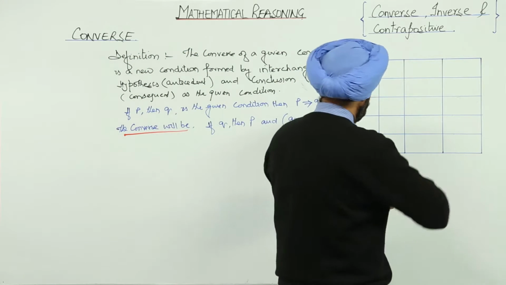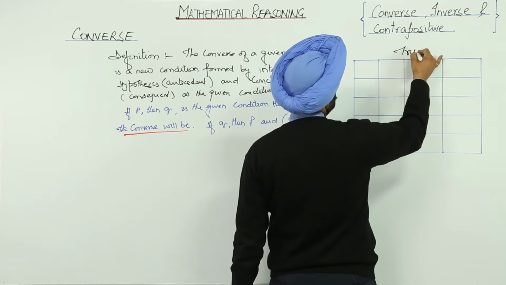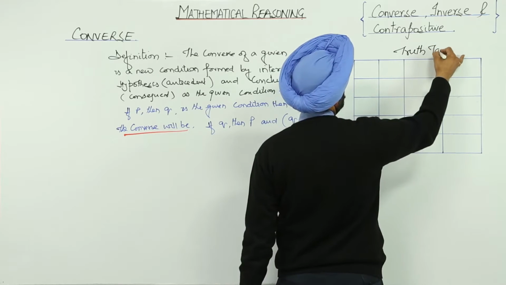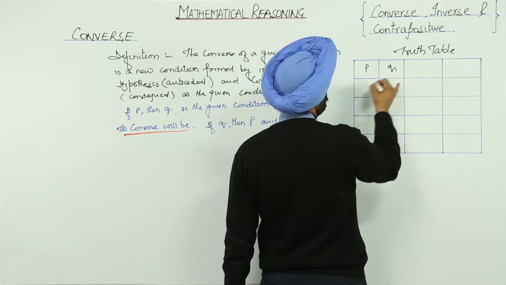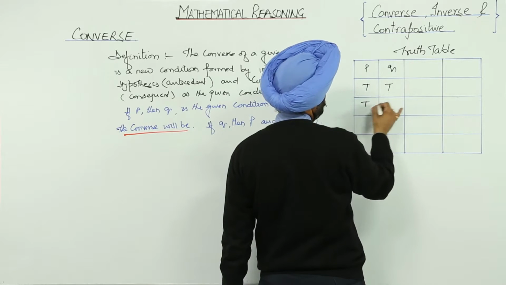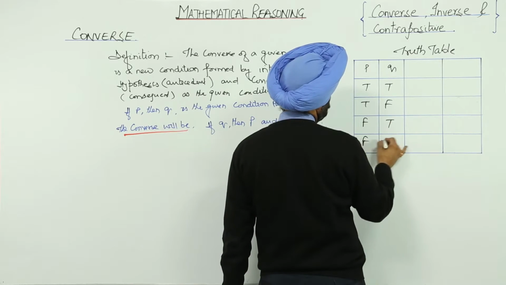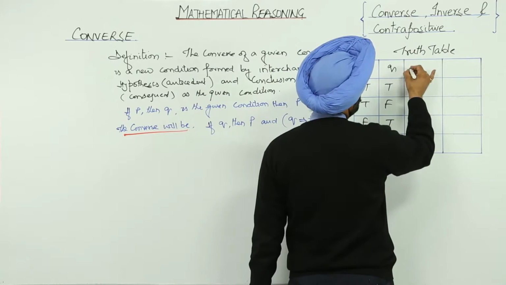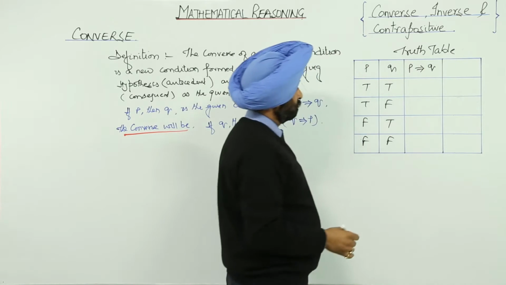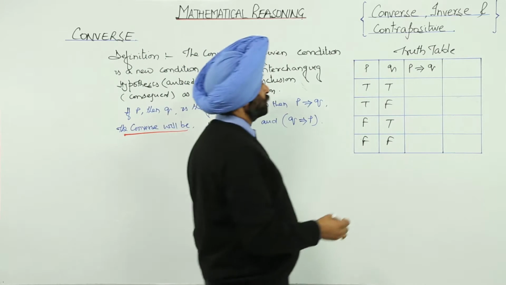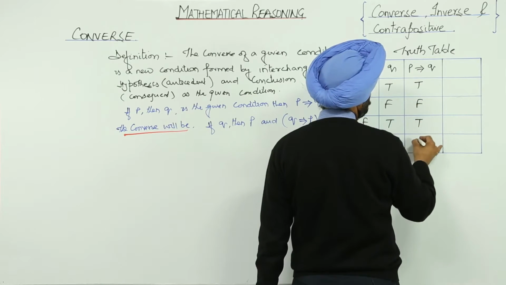Now here in the truth table, we have P, Q. First was the condition, P implies Q. In P implies Q we had true, false, true and true.